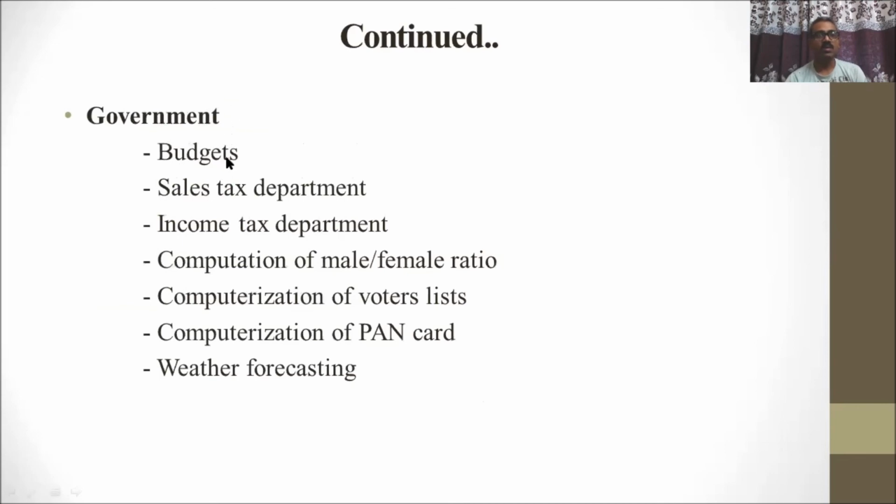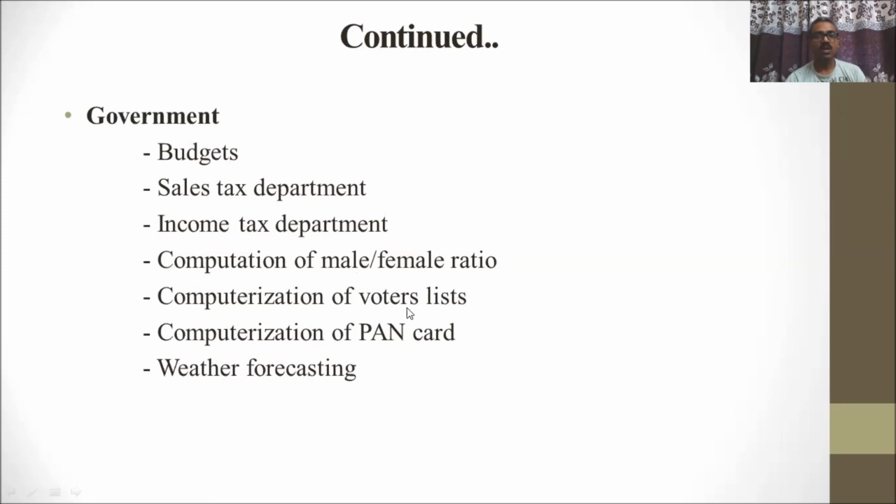Government: budgets. We make a budget, sales tax department, income tax department, computation of male-female ratio. So we compute how many males and females are available in the country or in a state or in a city. Computerization of voters list.